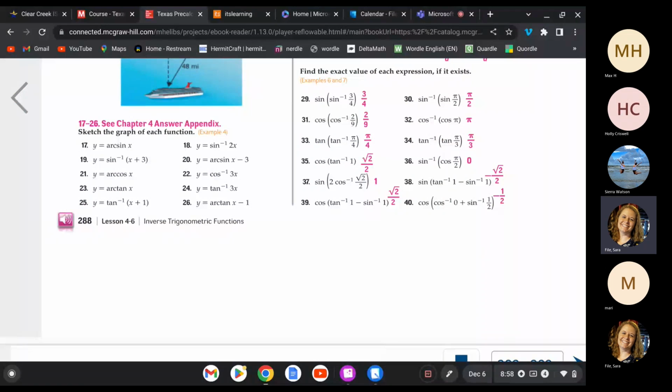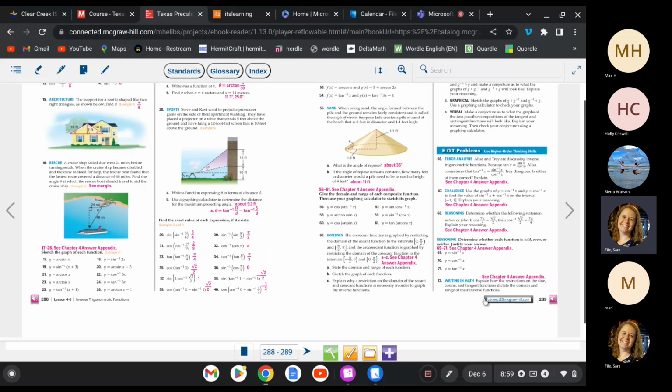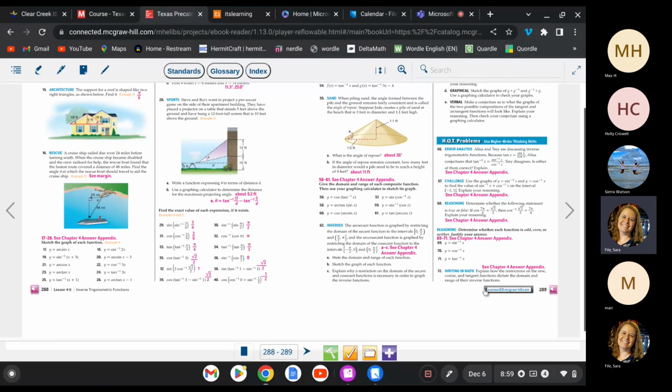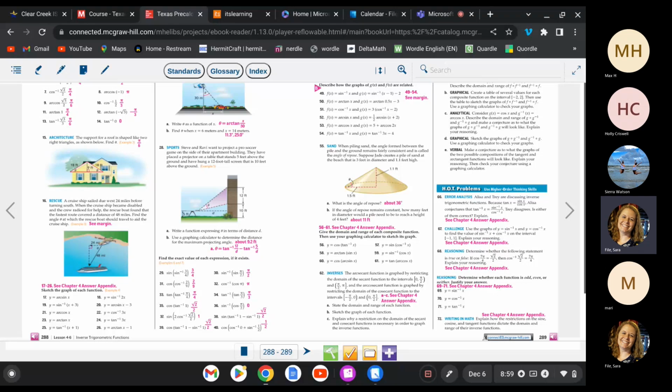This is a type of problem making sure you understand that the arc or the inverse is switching the x and the y from the original parent function, which we did do in our notes. I'm not going to take the time to sketch these out, so let me see if I can pull them up for you here. It says chapter 4, answer appendix.